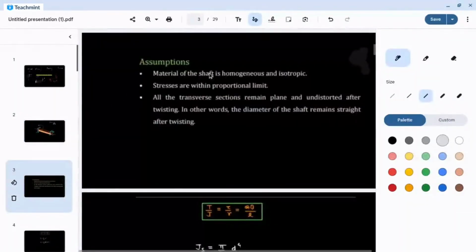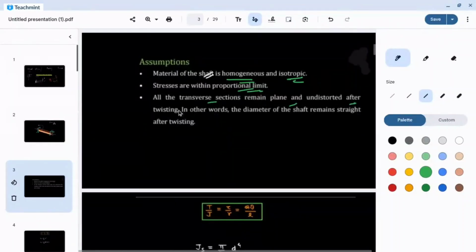So my assumptions: the material of the shaft is homogeneous and isotropic. Stresses are within the proportional limit. All transverse sections remain plane and undistorted after twisting.